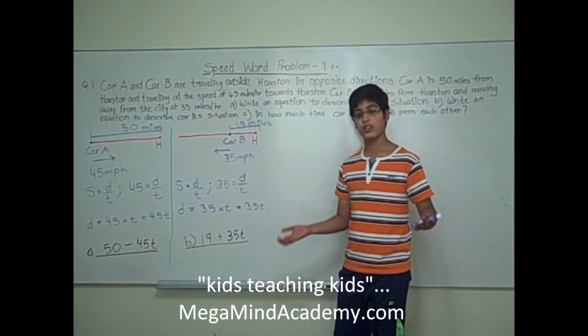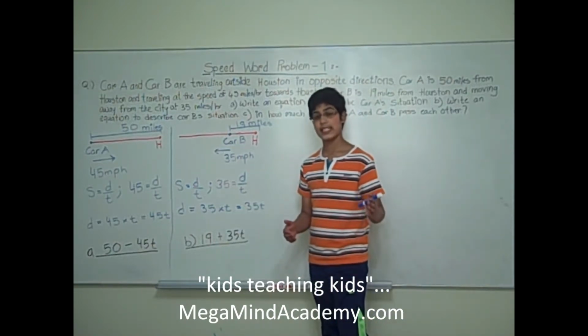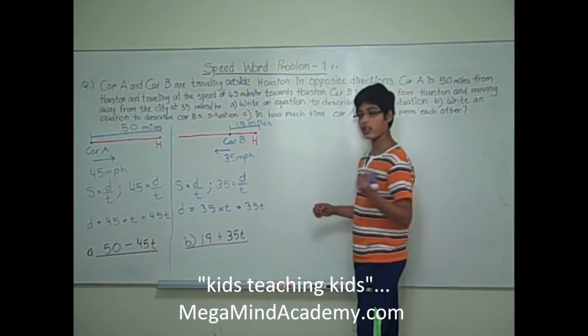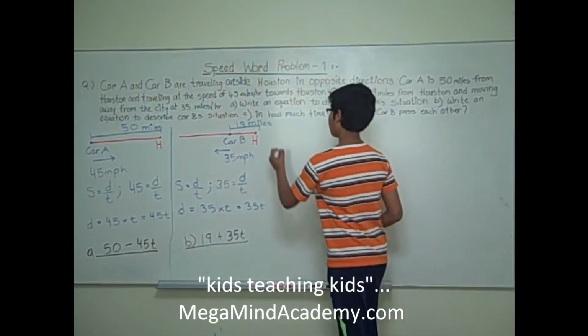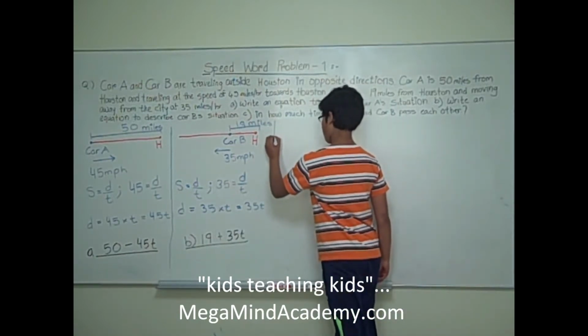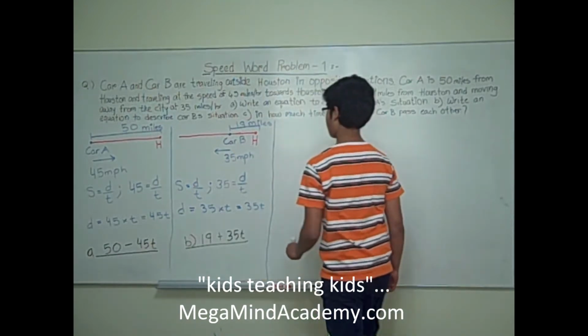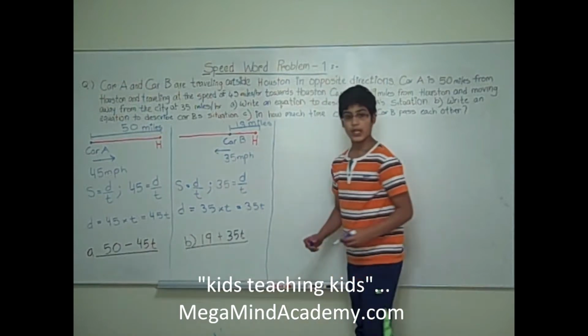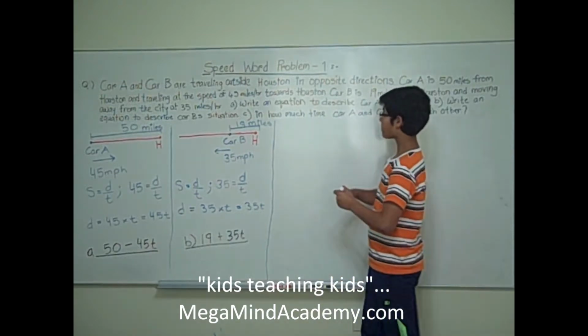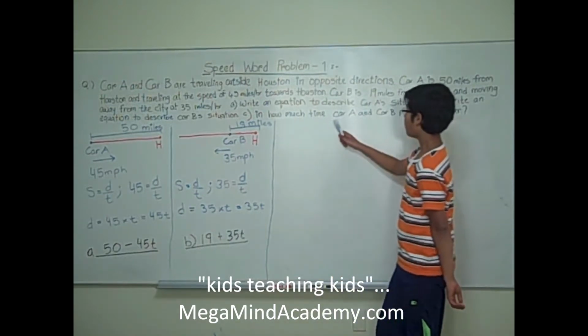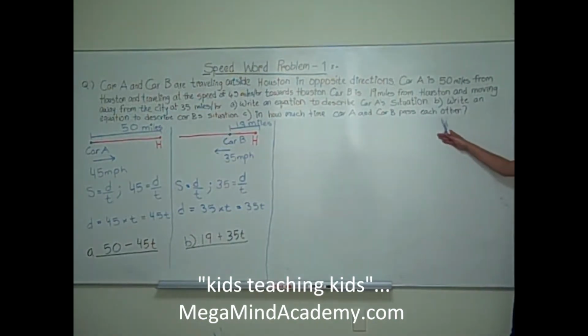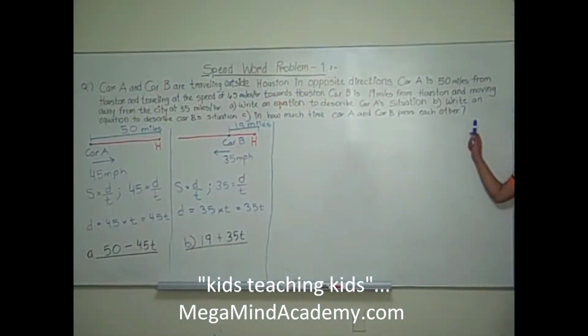Now, before we solve problem C, let's draw another divided line. Now, problem C is: in how much time will car A and car B pass each other?